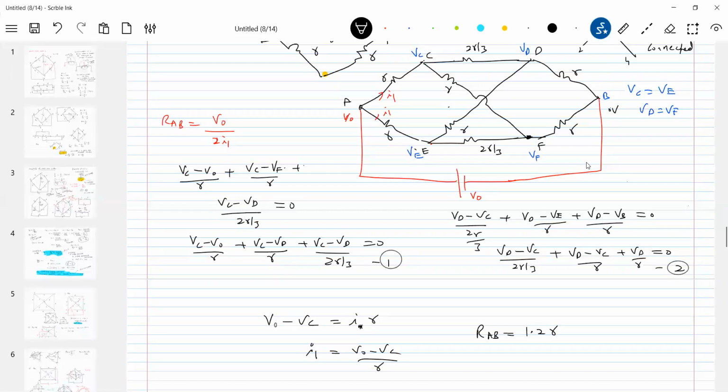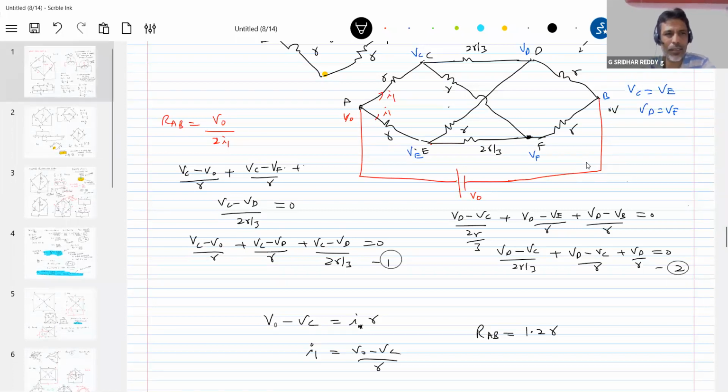We have to further solve it. A big network like a Wheatstone network, with some equipotential points, sometimes we say I brought in the nodal analysis. So where did this equation come from? It came from nodal analysis.